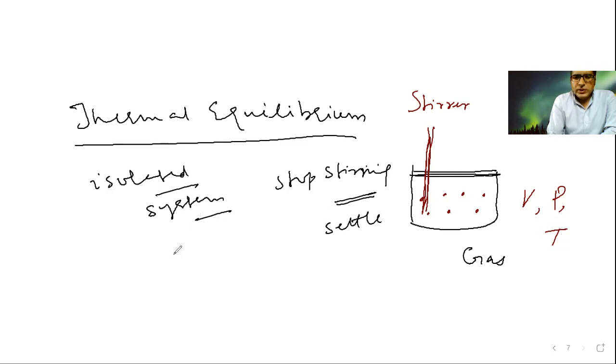So always remember, when we say some gas has pressure P, volume V, temperature T, we specify its macroscopic variables. It is understood the gas is settled. There is no stirring taking place anywhere in the gas. The gas is in thermal equilibrium with itself. Only then is it possible to specify its macroscopic state, right?